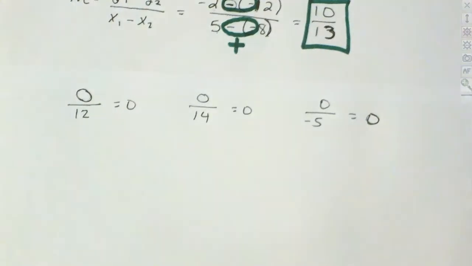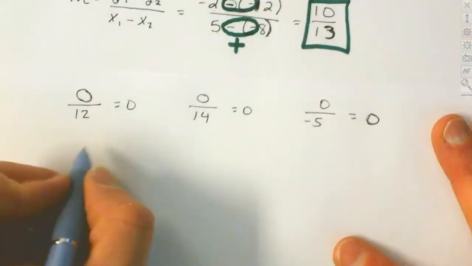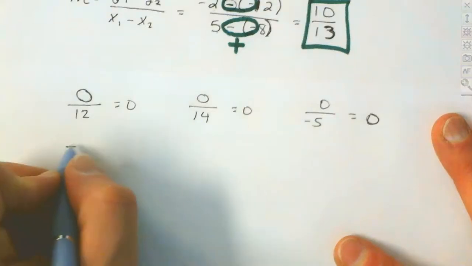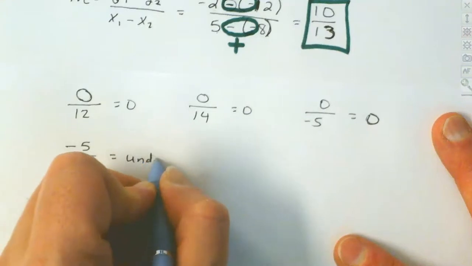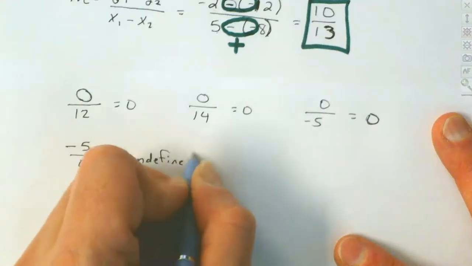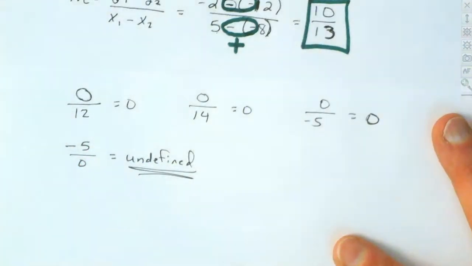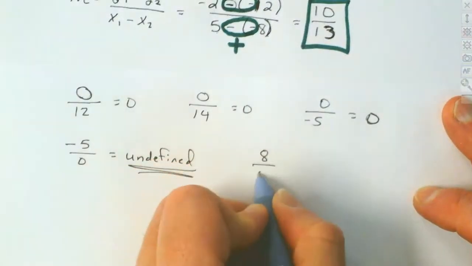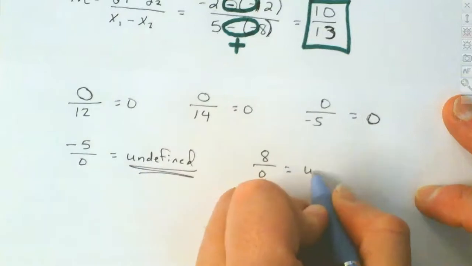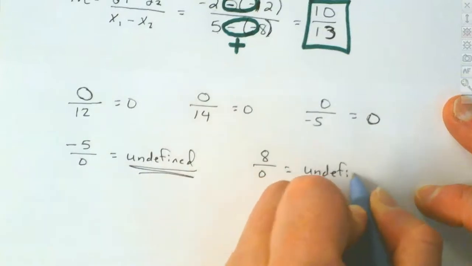0. Now, what if the 0 is in the denominator? What if I would have given you minus 5 over 0? Well, that's not 0. We can't do that. That is undefined. Another example, how about 8? 8 over 0 is what? Again, undefined. We cannot do that.